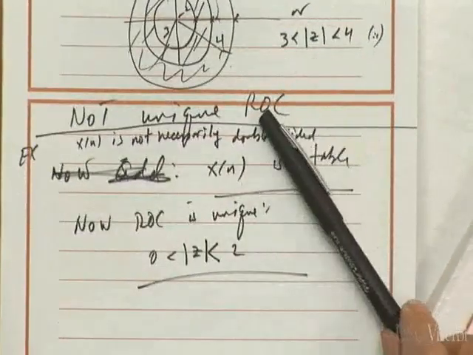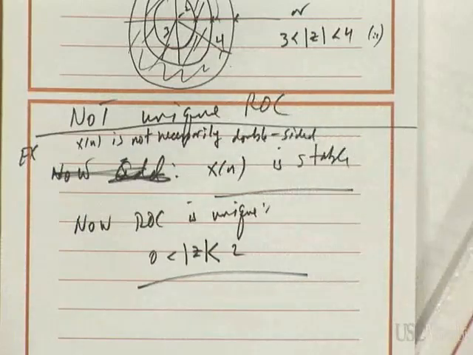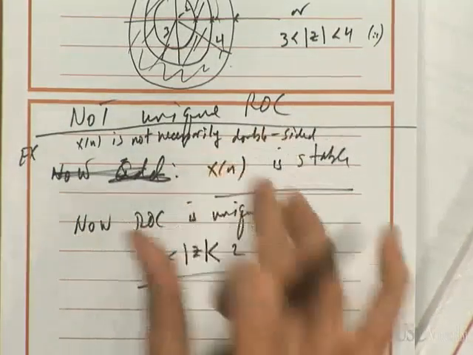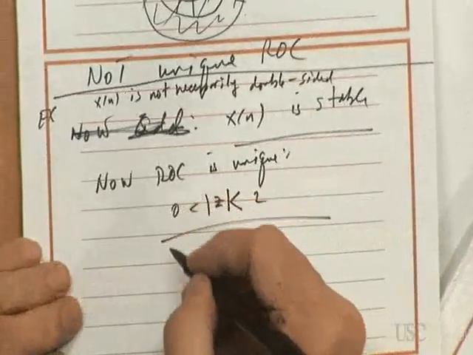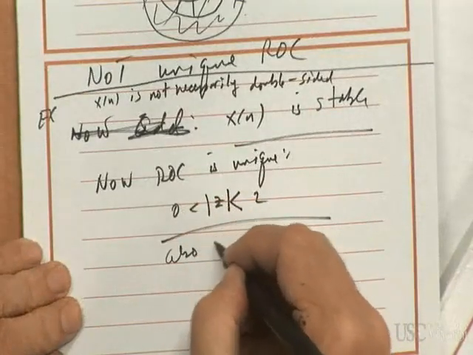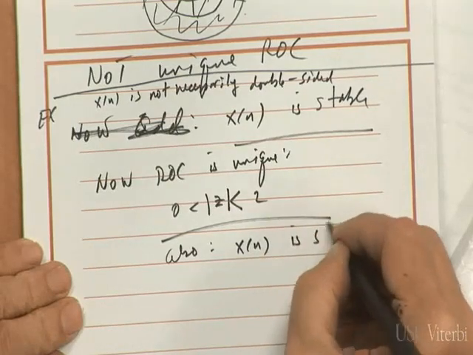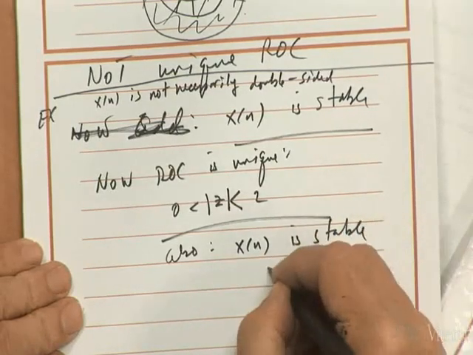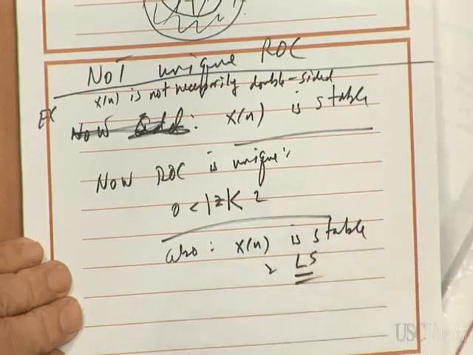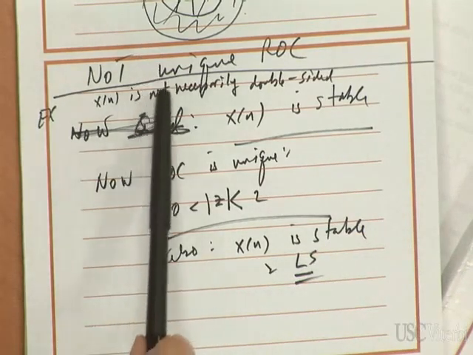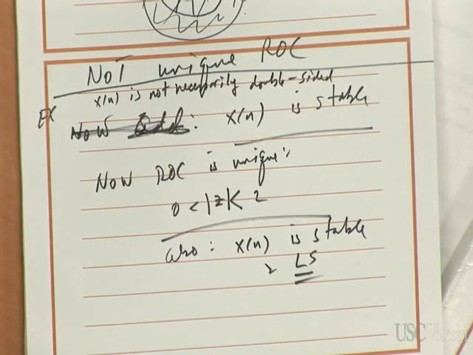But when I give you this side information, the same X of z, now you know what the region of convergence is. And furthermore, you know also that x of n is stable and left-sided. See? So that's why I had to remove that condition of double-sided, because then there wouldn't be a solution.